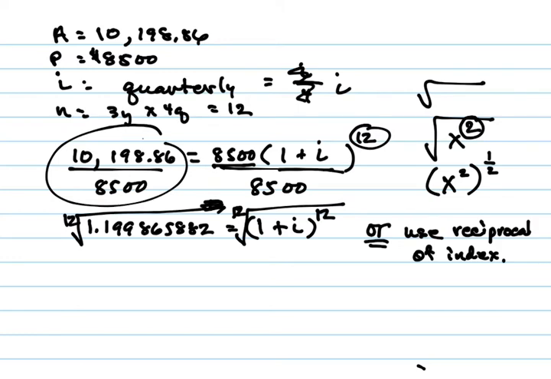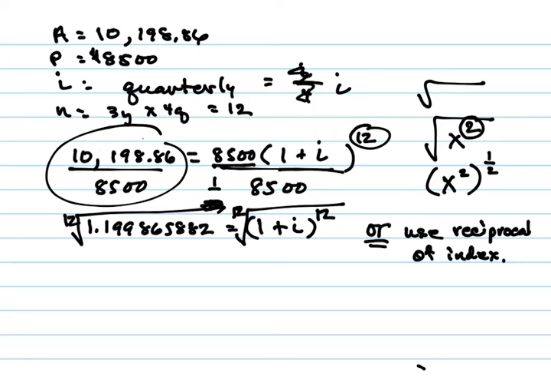1/2. And what happens when you multiply 2 times 1/2? Turns it into a 1. In other words, it eliminates the exponent, or the index. So you could take this thing and raise it to the, not 12th power, but what? 1 over 12? Okay? And now again, it doesn't matter which one you do. Most of you are probably going to say that you need to undo the exponent by taking a root, which is perfectly fine. But you also have that option.